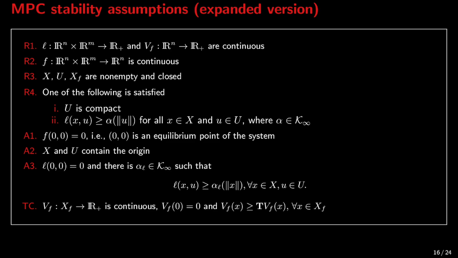And the last regularity assumption is that either the set U is compact, or the growth of the cost function is controlled by the norm of U, that is, L is above a K infinity class function of the norm of U, the magnitude of U. This means that the higher the magnitude of the control action, the higher a lower bound we should have on the cost function.